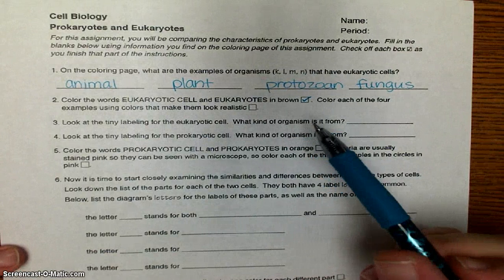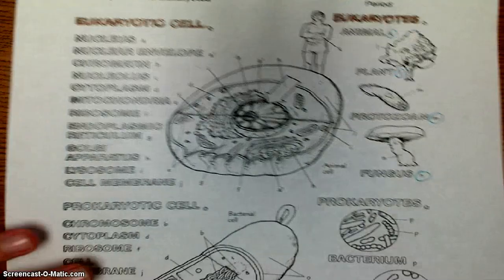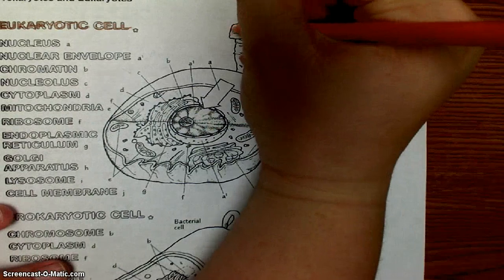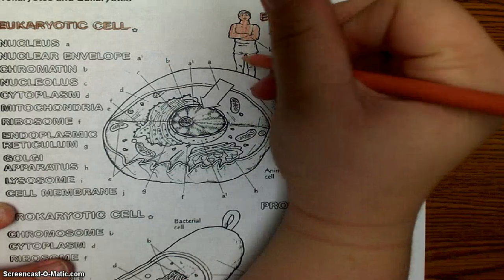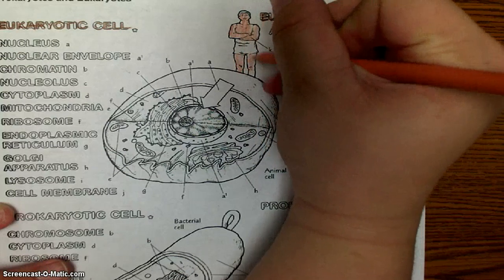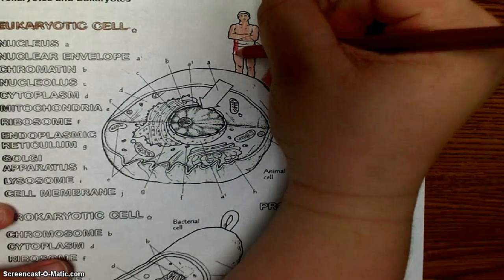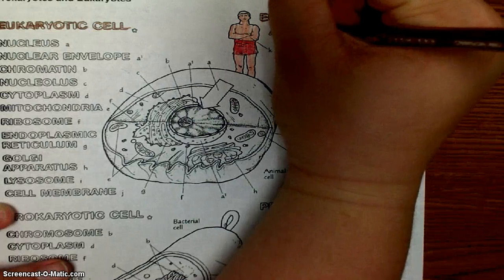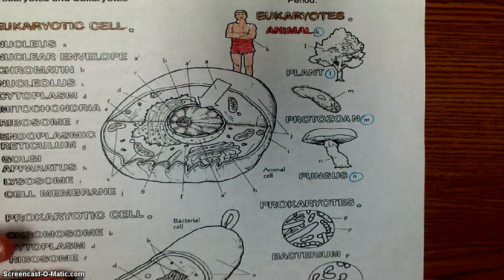Color each of the 4 examples using colors that make them look realistic. I'm going to color 2 of them. You need to color all 4. For the human or the animal, so I've colored in my animal and my plant.